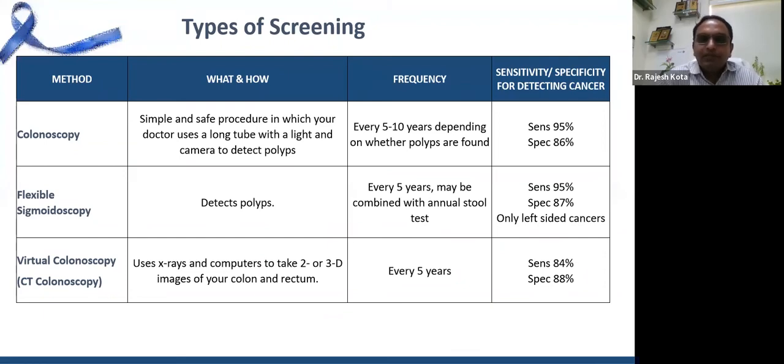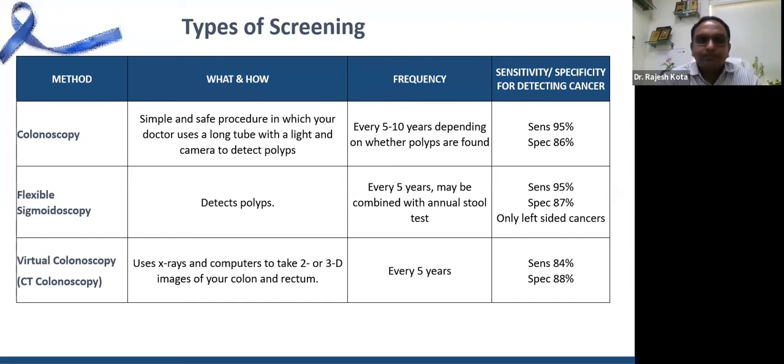But if men or women have a family history of colon cancer, they should consult their gastroenterologist or a family physician, assess their risk of getting colon cancer based on family history, signs and symptoms, and if appropriate, getting a colonoscopy done will identify cancers at a very early stage.